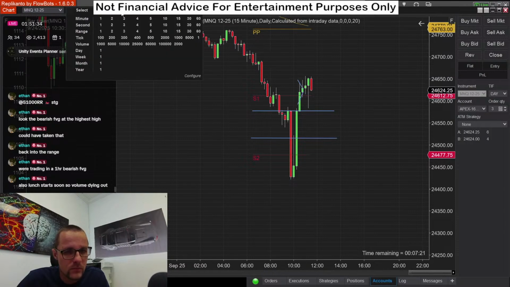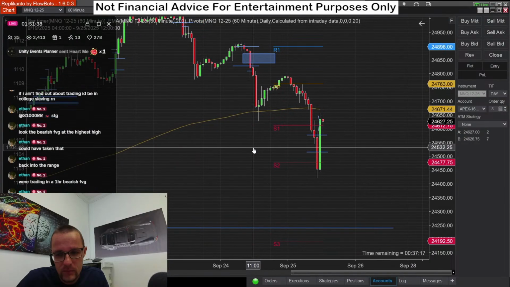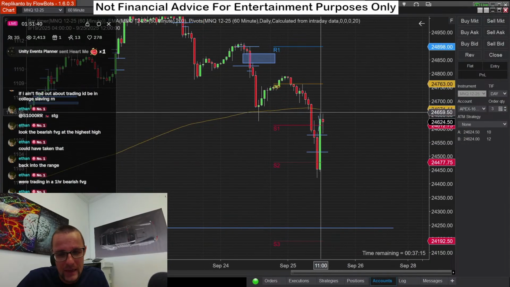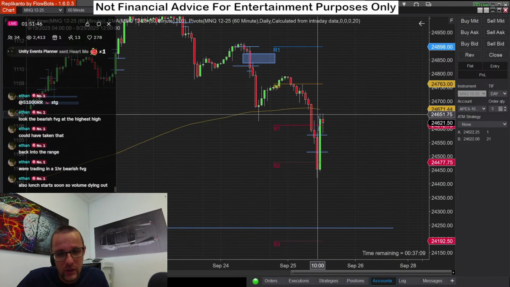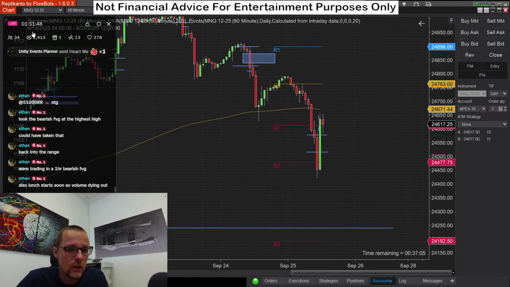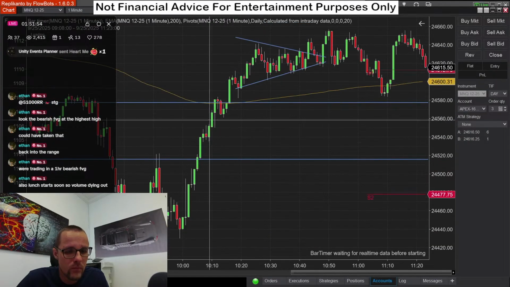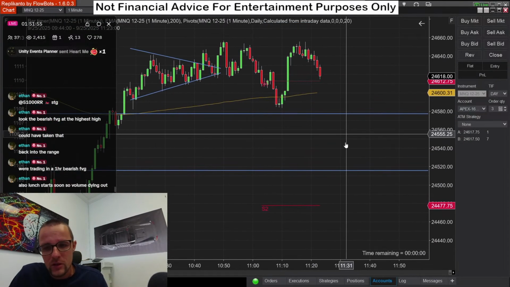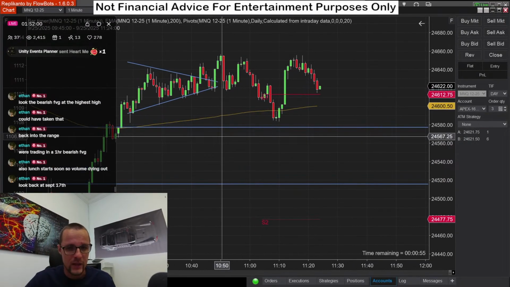And we're tapping into a bearish imbalance on an hourly chart. So this could be a reversal area. If price does reverse, it probably is going to reverse somewhere around here. But yeah, volume starting to die out. Lunchtime, going sideways.